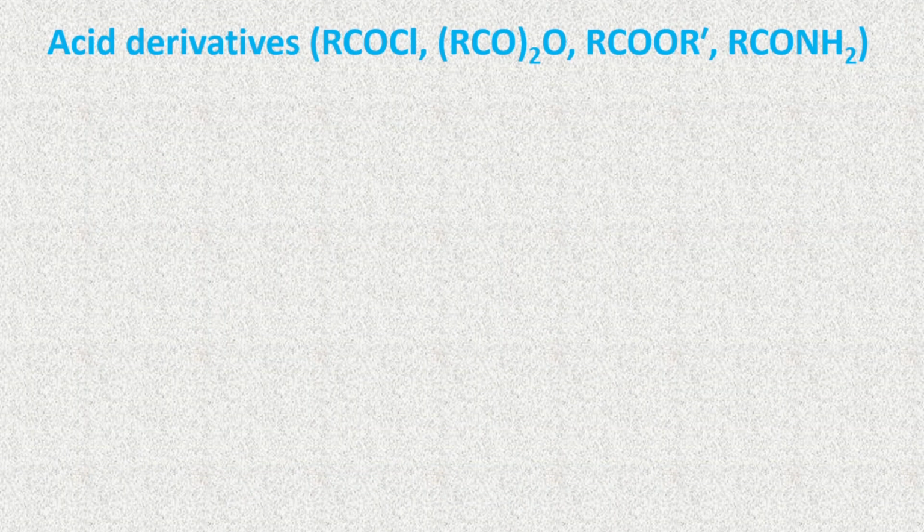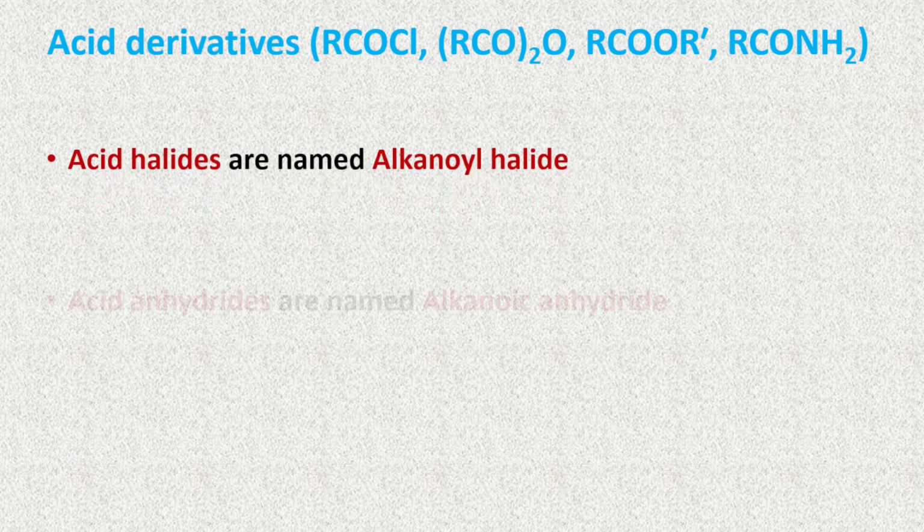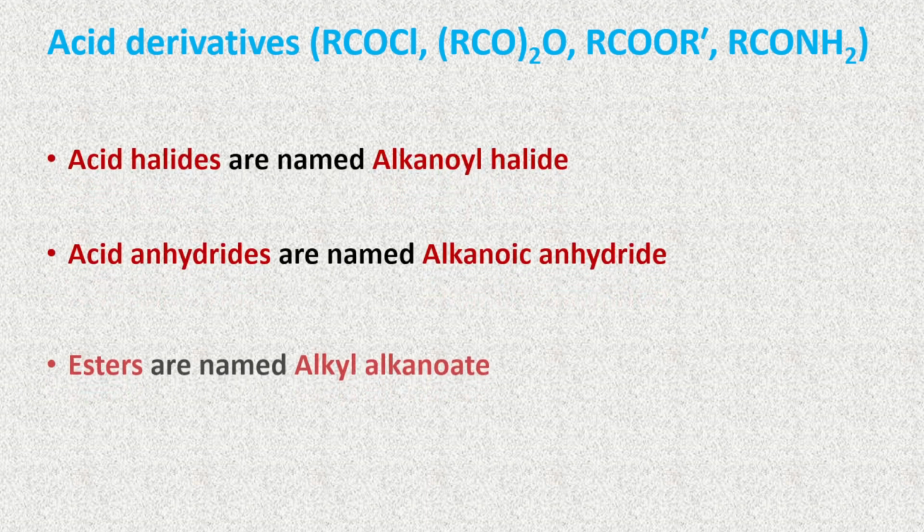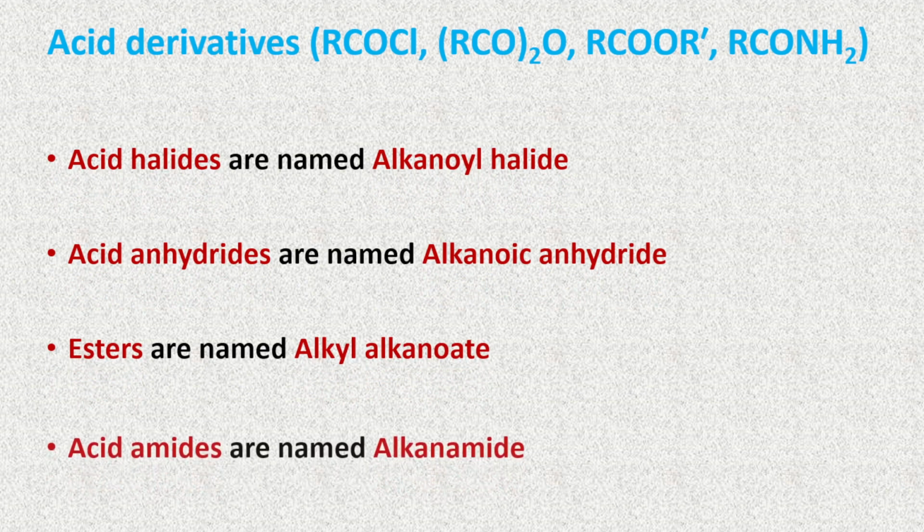Some acid derivatives: acid halide, acid anhydride, ester, and acid amide. They are named as alkanoyl halide, alkanoic anhydride, alkyl alkanoate, and alkanamide respectively. Let us start with the acid halide, RCOCl.